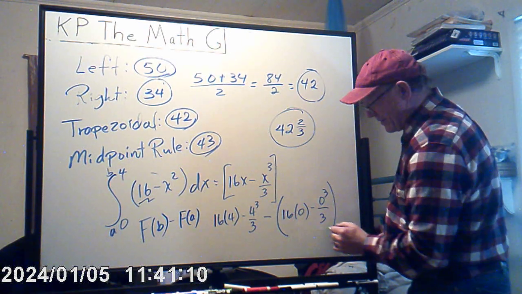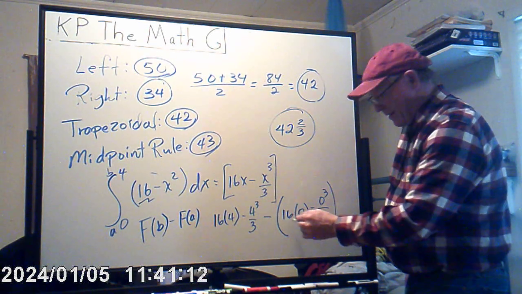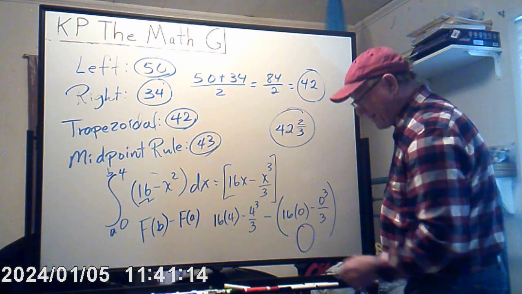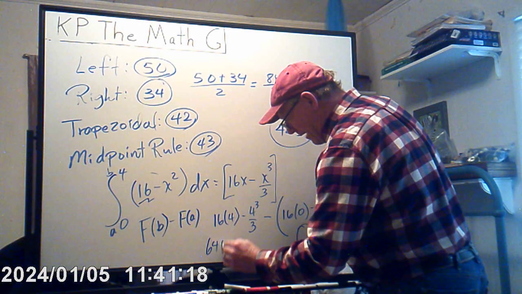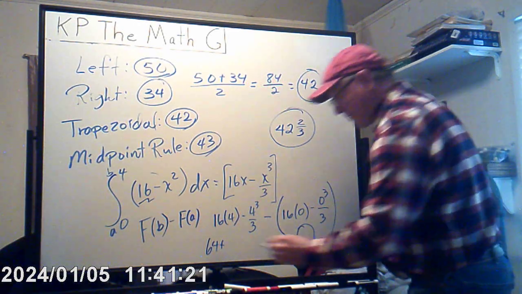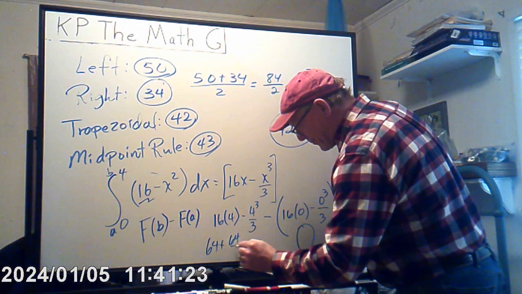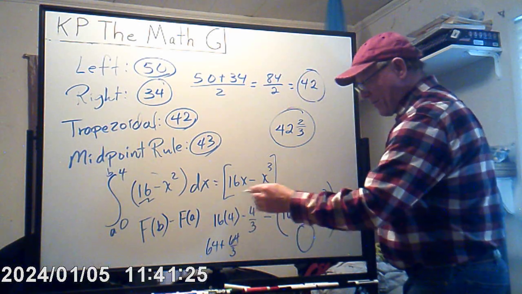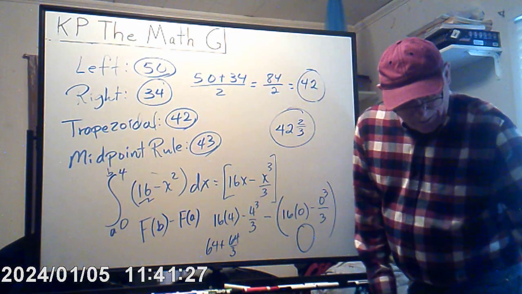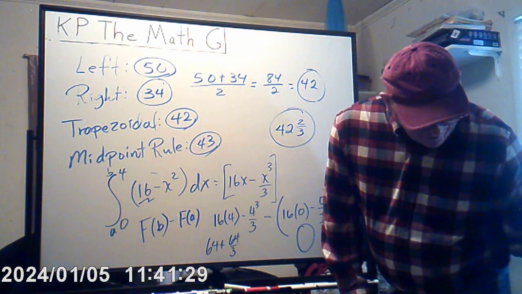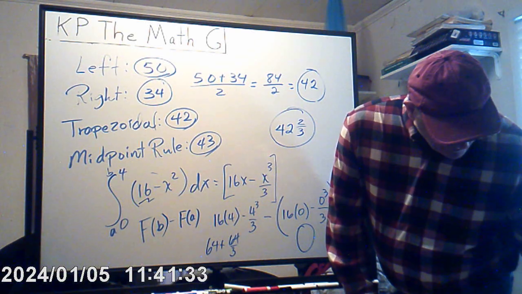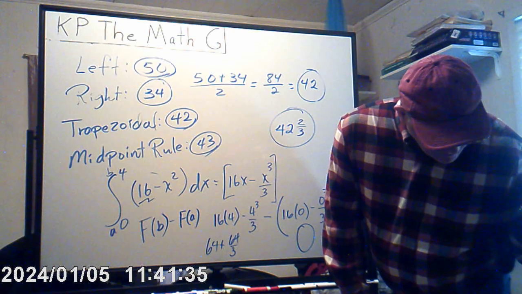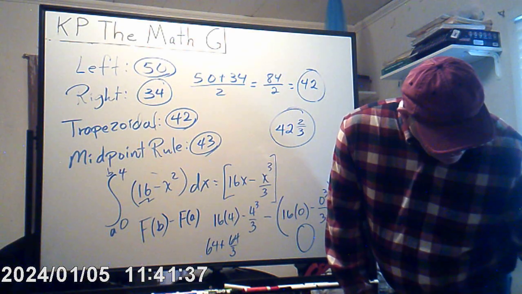Well, we know what this is, right? This is all 0 here. Alright, so 16 times 4 is 64, and 4 cubed is 64 over 3. If I get a common denominator and I add those two together, I will get, well, I was trying to see what I would get.